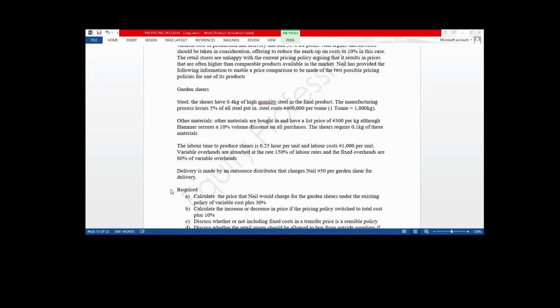So the company uses variable cost pricing for its products. What they intend to do is to see if, at the end of the day, it is cheaper to buy outside or to produce inside.